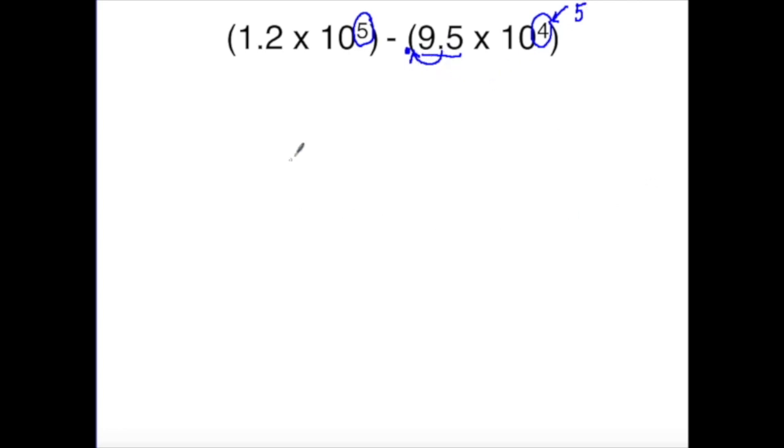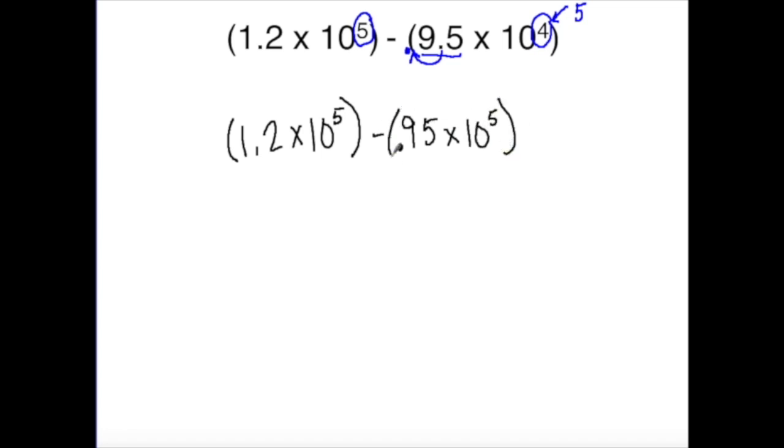So my new expression then is 1.2 times 10 to the 5th power minus 0.95 times 10 to the 5th power. And it has changed because I moved my decimal, and that made my exponent change here.